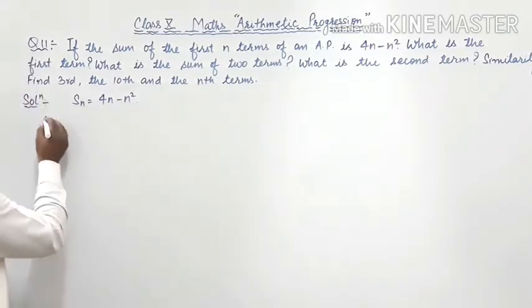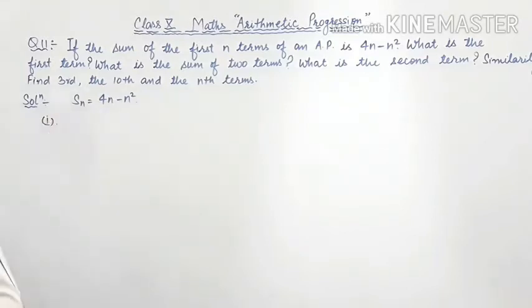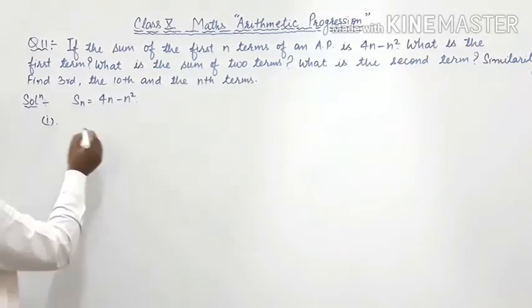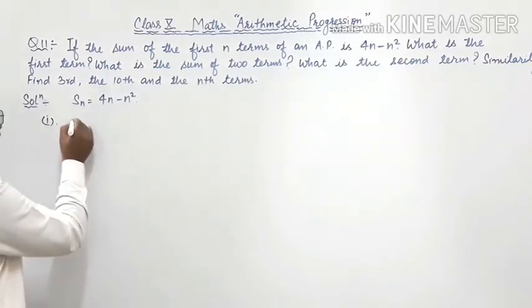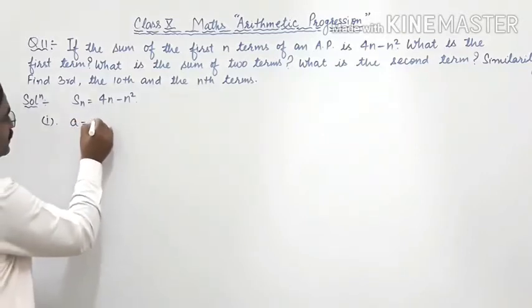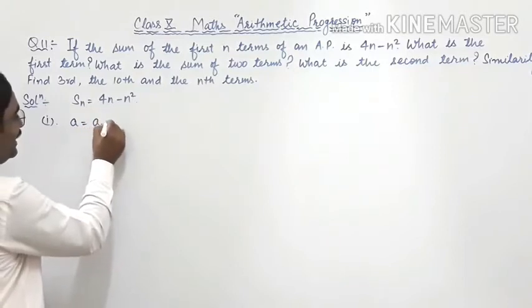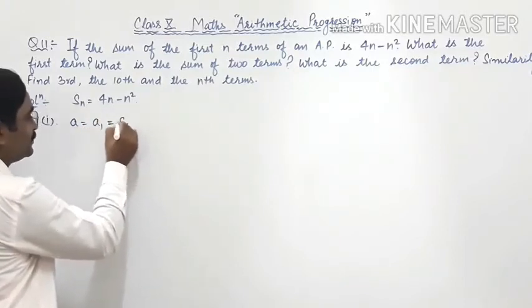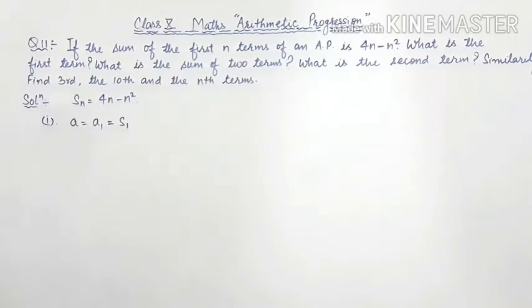The question is asking, find the first part of this. What is the first term? First term is equal to A1, or you can say S1 also. As Sn is given, it is very easy to find the value of S1.